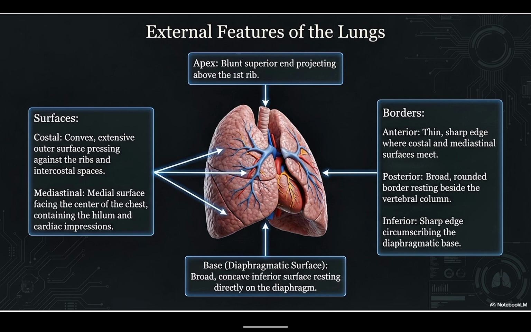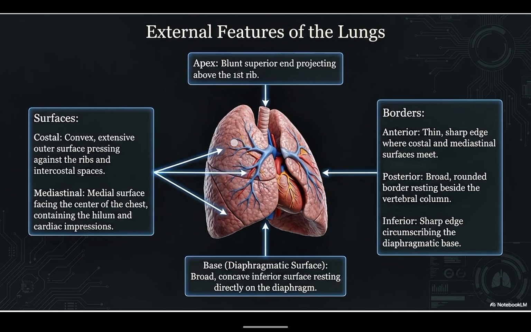As I said, we have 3 surfaces. These are the costal surface, the mediastinal surface, and the base, or the diaphragmatic surface. The costal surface is convex, an extensive outer surface pressing against the ribs and the intercostal spaces. Just have it in mind that the costal surface is the surface facing the sternum and the ribs.